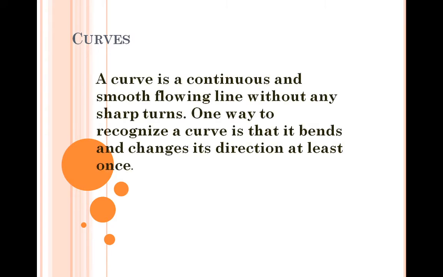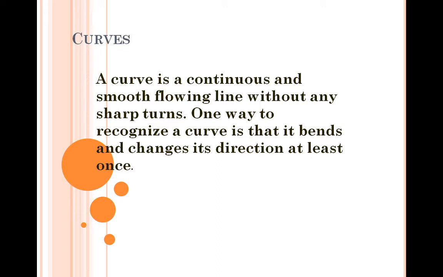A curve is a continuous and smooth flowing line without any sharp turns. One way to recognize a curve is that it bends and changes its direction at least once. That means, dear students, a curve is not only a circle.